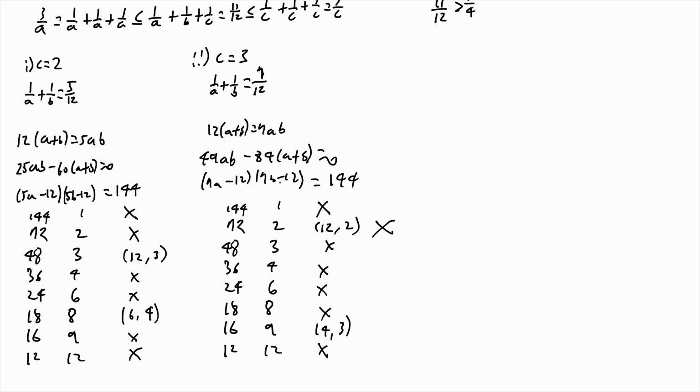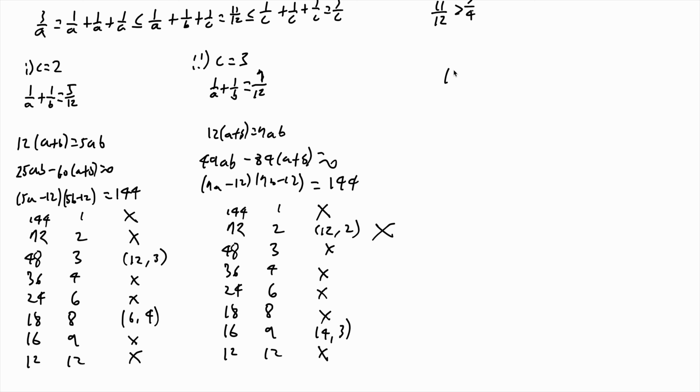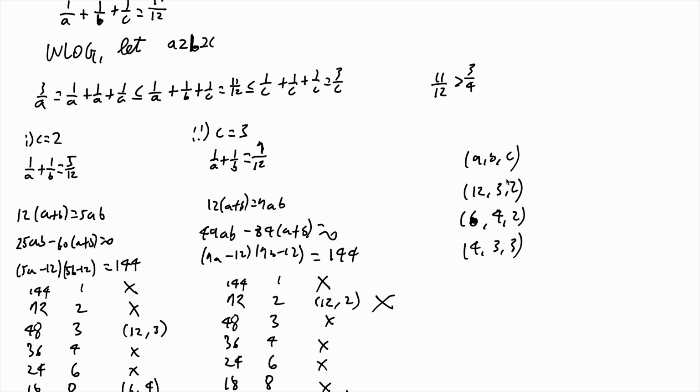Okay, so for triples a, b, c, we have 12, 3, 2, 4, 2, 6, 4, 2. What's our next number? 12. Oh wait, that doesn't work. 4, 3, 3.